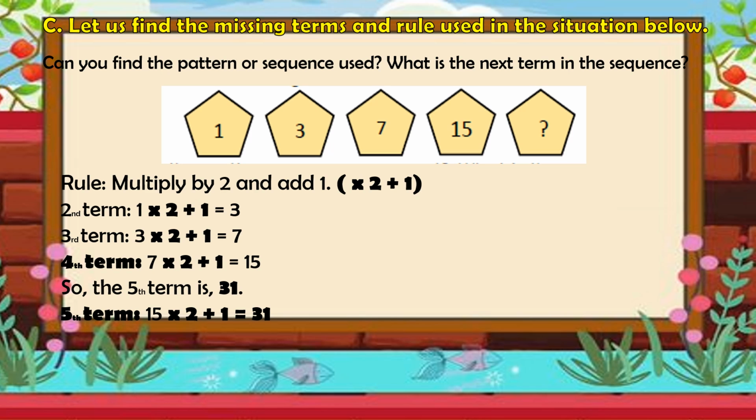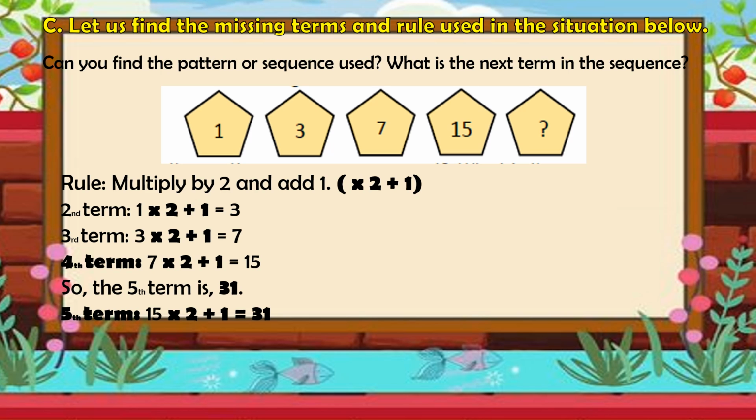So for the second term, 1 times 2 plus 1 is equal to 3. And then the third term will be 3 times 2 plus 1 is equal to 7. And then the fourth term, 7 times 2 plus 1 is equal to 15. So the fifth term is 31.